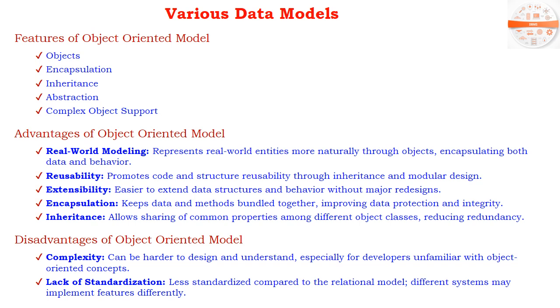And second one, reusability. It promotes code and structure reusability through inheritance and modular design. And next one is extensibility. Easier to extend the data structure and behavior without major redesigning.